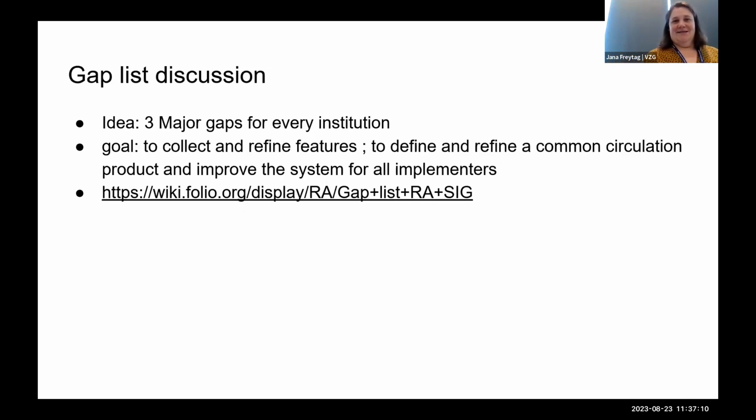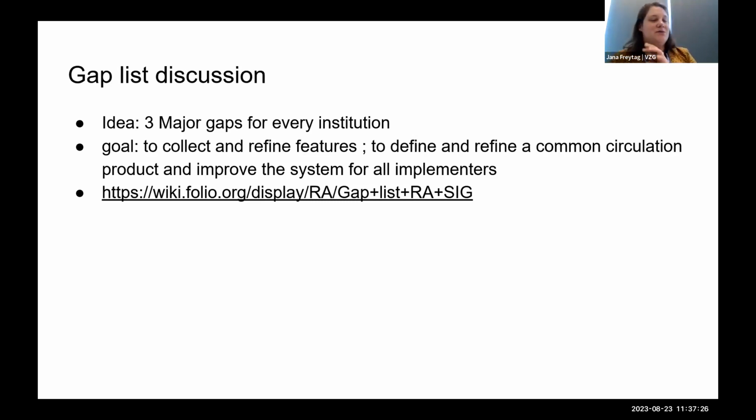All right. The next slide is already the one where we can start working, and I stop presenting. This is the one thing we want to work on, the gap list.